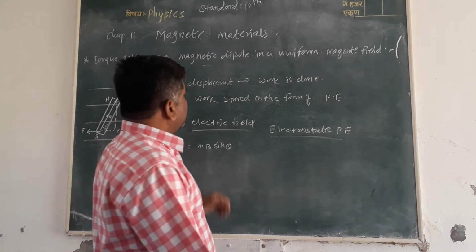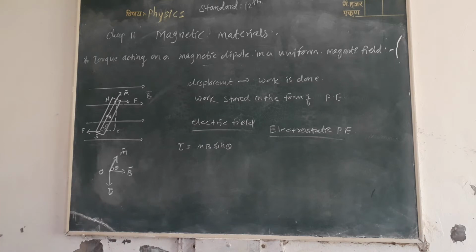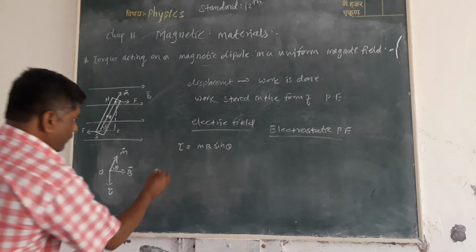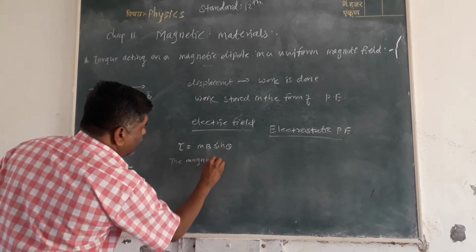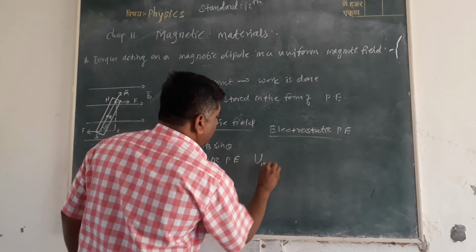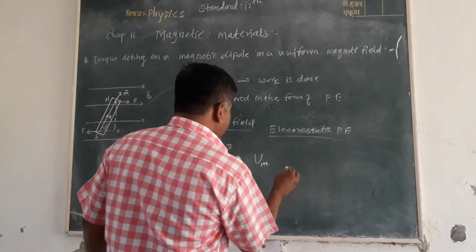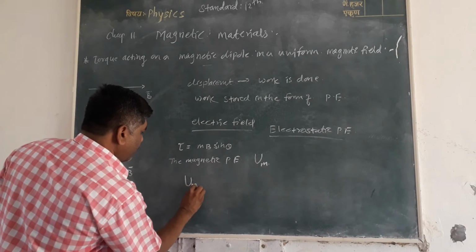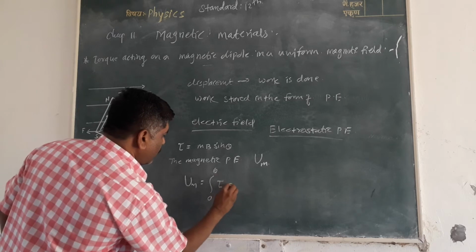Now we consider the work done stored in the form of potential energy. Then how much potential energy is produced? The magnetic potential energy U M is given by U M equal to the integral from 0 to theta of tau d theta.